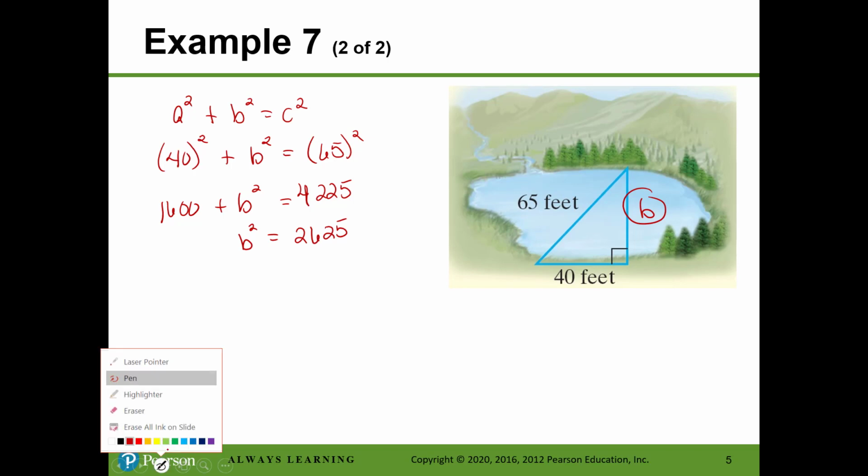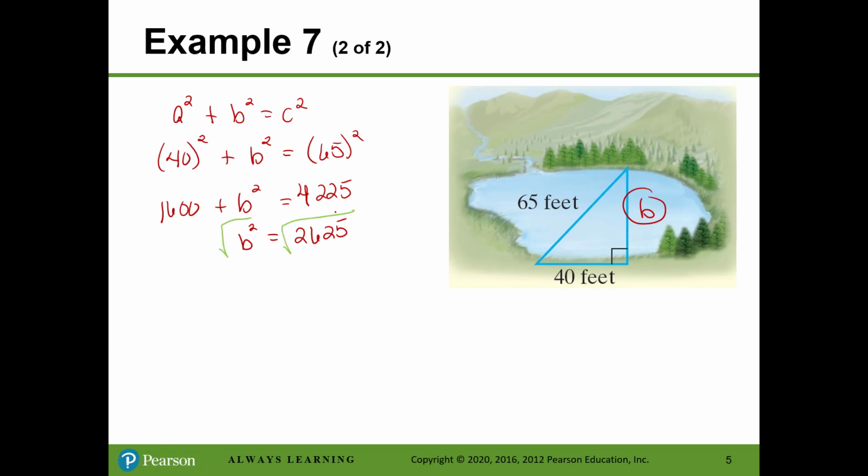So remember, when you take the square root, you're going to get how many answers? Correct. That little square means 2 answers. So I know B is equal to the positive square root of 2625. But B is also equal to the negative square root of 2625.